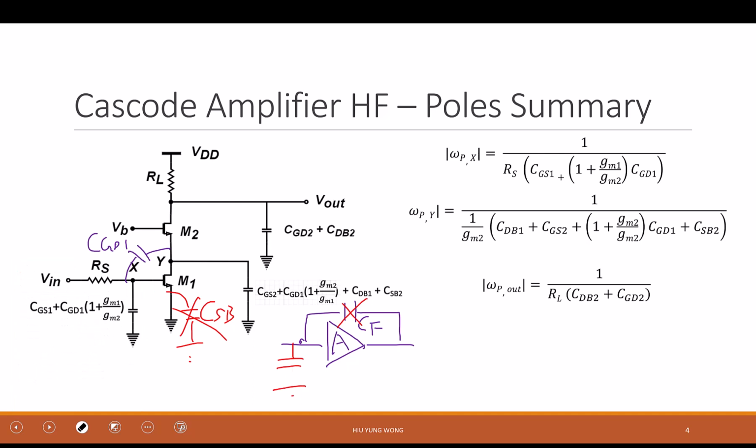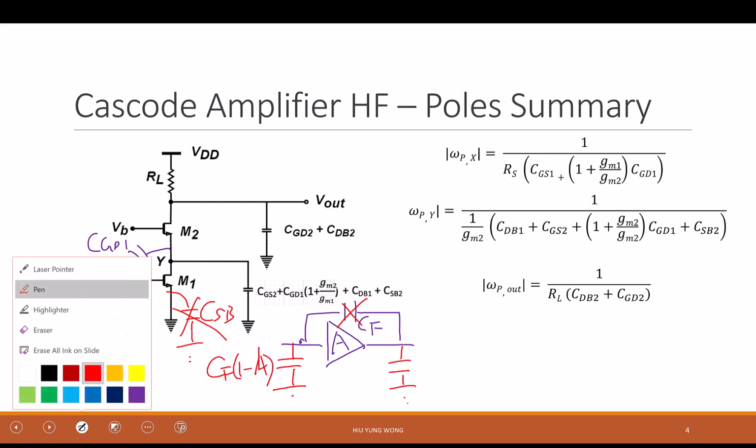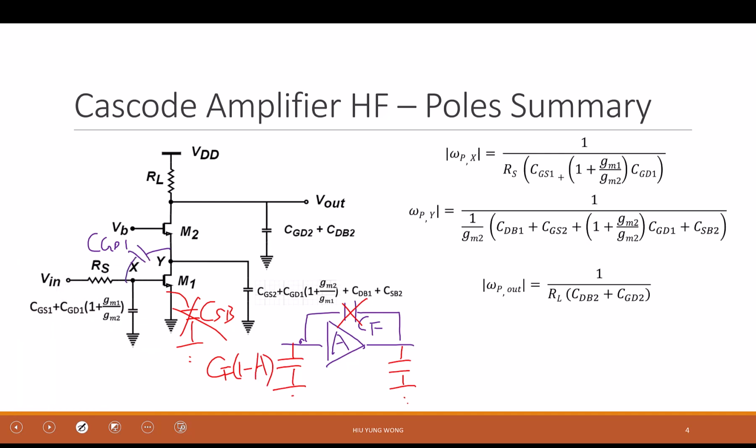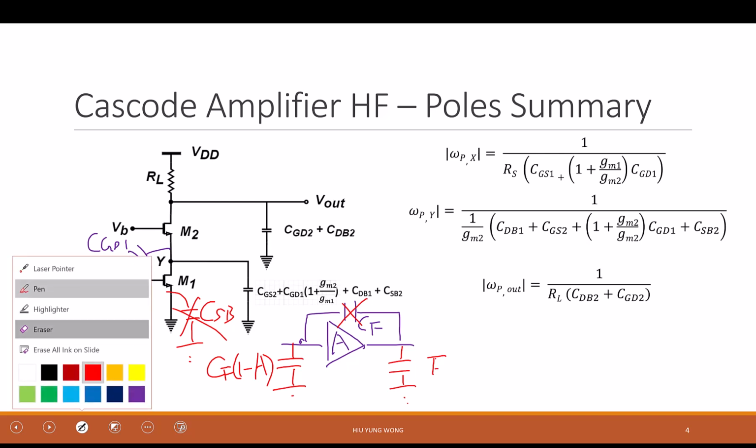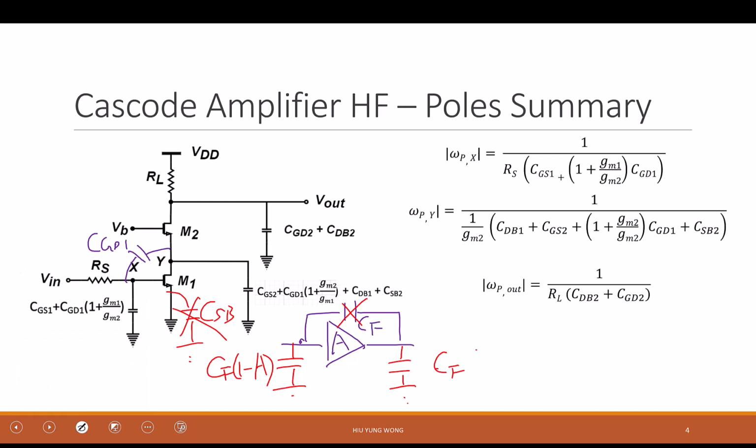Do you remember what they are? What's the one on the left? CF times 1 minus A, right? Very good. And how about the one on the right? Very good, yeah. CF times 1 minus 1 over A, right?